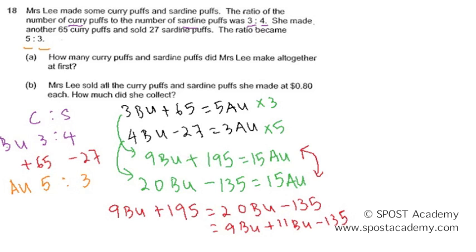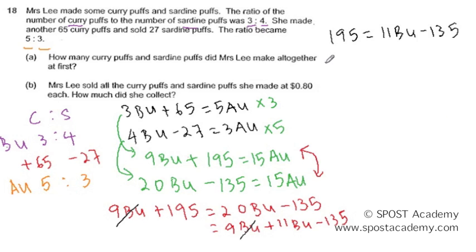So if both have 9 before units, then we can see that this 9 before units and this 9 before units are the same. Therefore, 195 is equivalent to 11 before units minus 135. Since in order to get a value of 195, I need to use 11 before units minus 135.